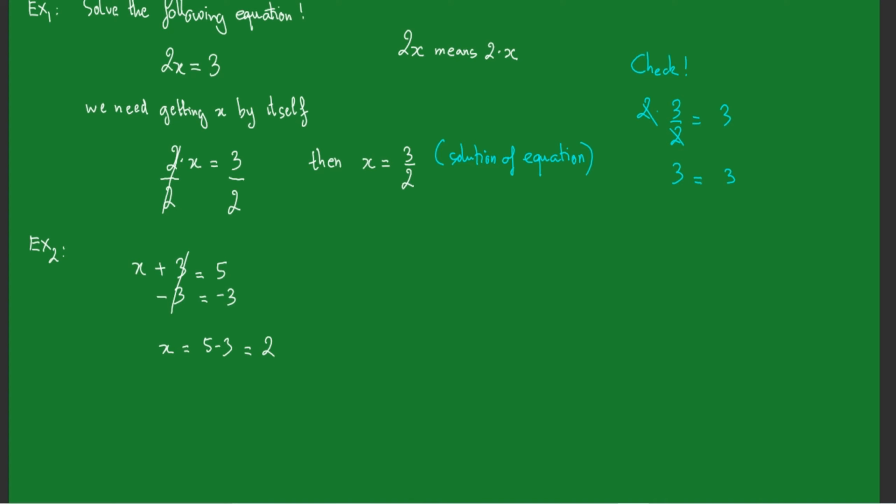Or I can have something like this. Example 3. I can combine this and this together. What if I have 4x minus 3 equals 5, for example?